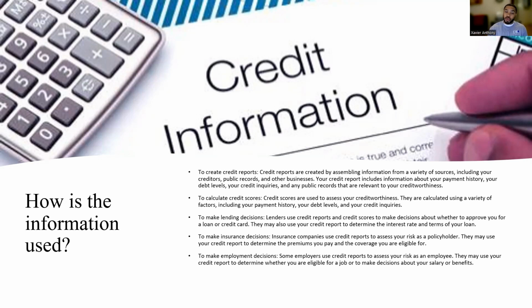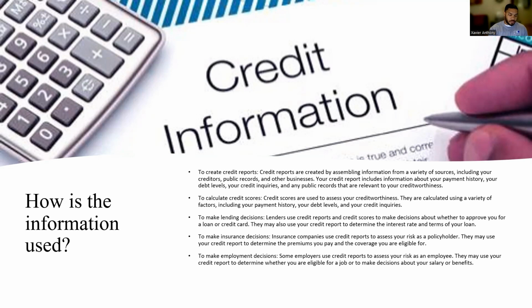Also, they sell it to employers so they can assess your risk as an employee. They can also make better decisions about your salary and other benefits that you qualify for. The major 3 consumer reporting agencies are making billions of dollars yearly selling consumer information to other people. Now, that's why it's important for you to understand credit so you can fix your credit and start building it up and use it for yourself, and you can start benefiting off of it.